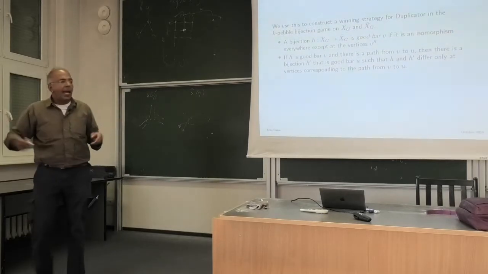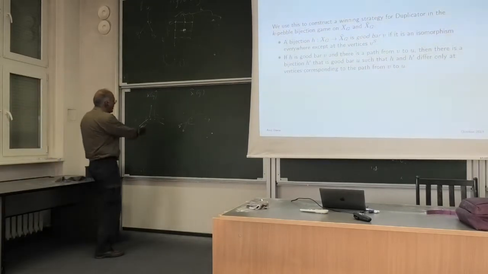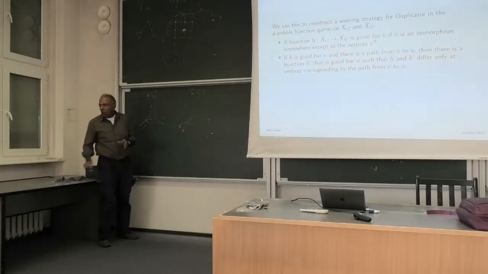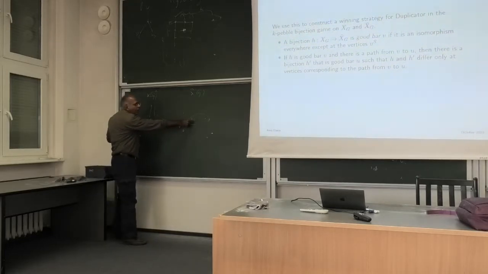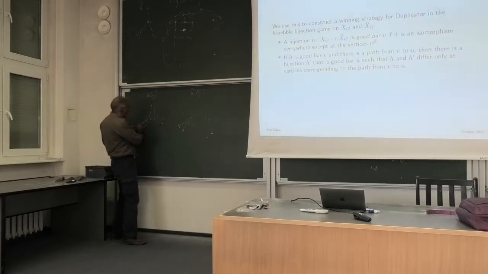That's the key. And why is that possible? Well, that's the property of these gadgets. To make this one good, I have to swap these two in my bijection, right? This was previously going to this and this to this. If I change the bijection, this becomes consistent over here.